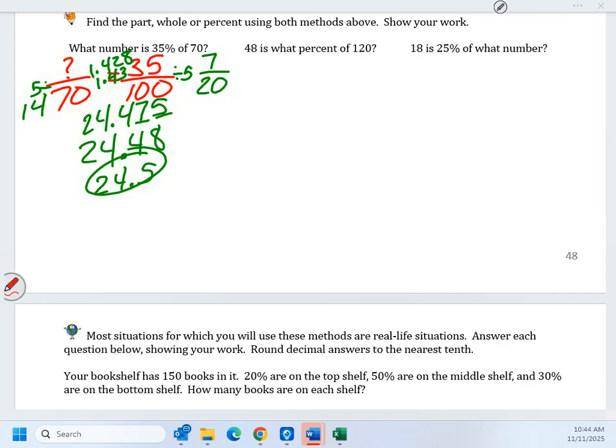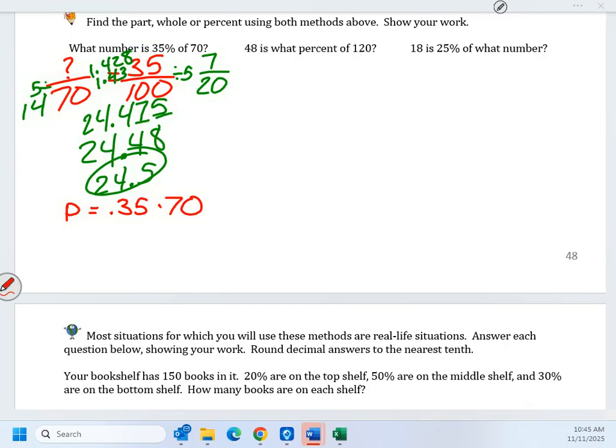Part equals percent times whole. What does my equation look like? Elliot? Question mark equals 0.35 times 70. So, because we know what labels to put in our equation, we know we're looking for that part.